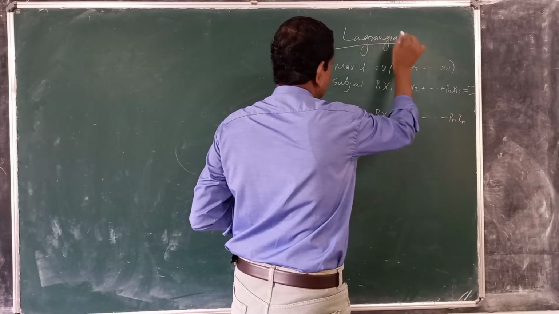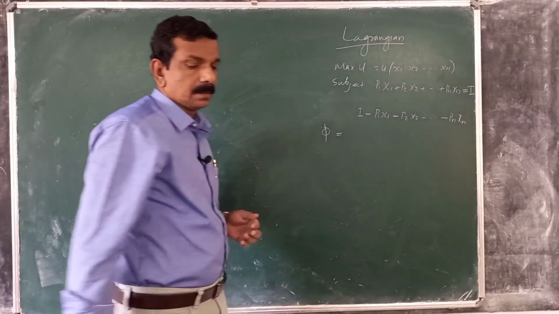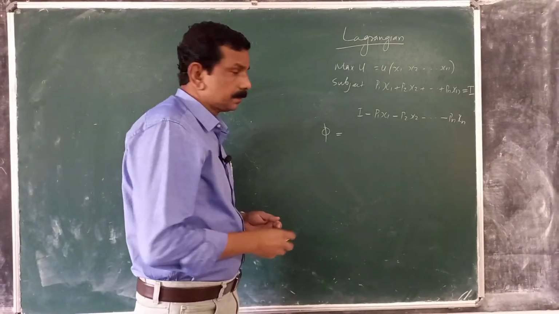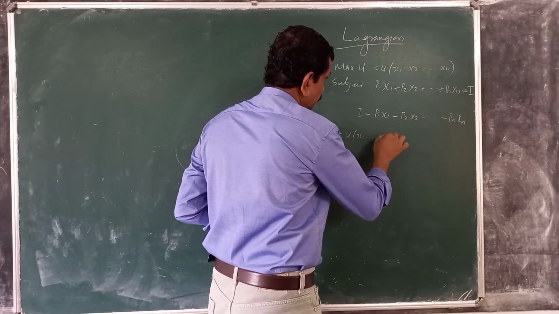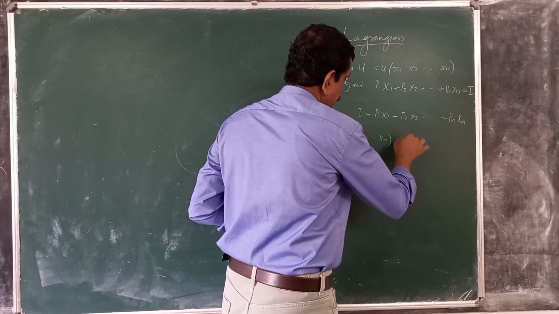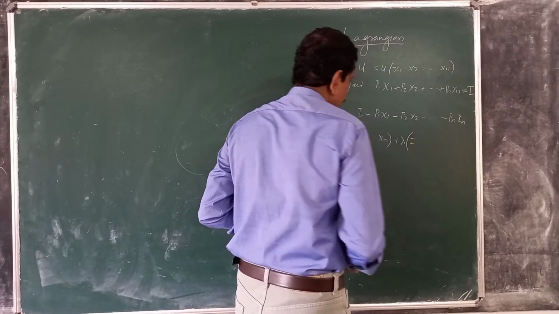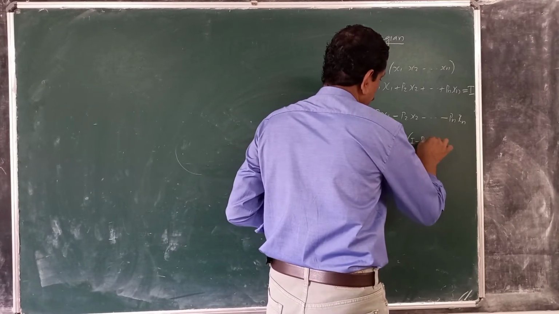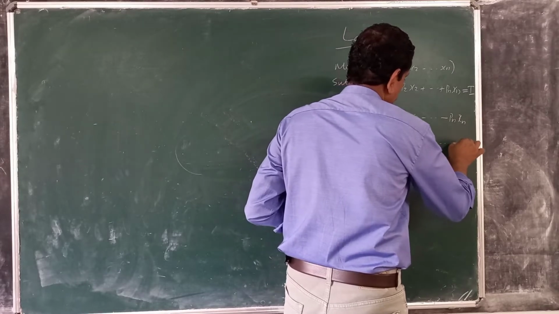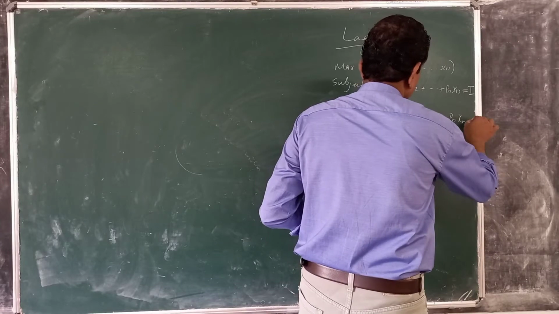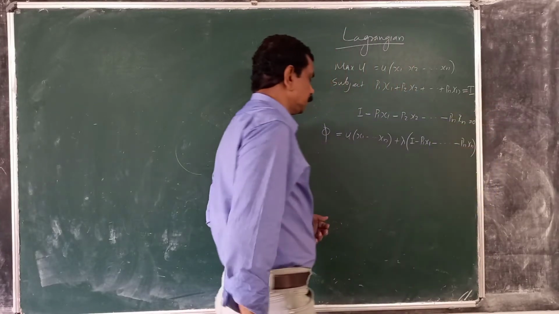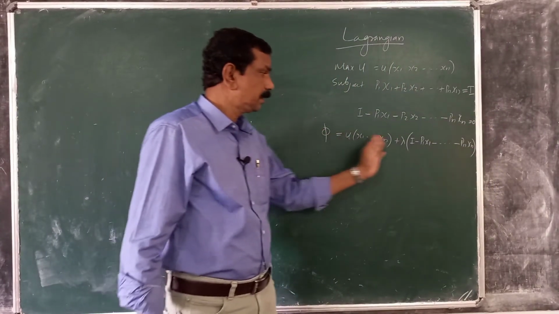The Lagrangian function phi is equal to u of x1, x2, etc., xn plus lambda times I minus p1 x1 minus etc. pn xn, equated to 0.